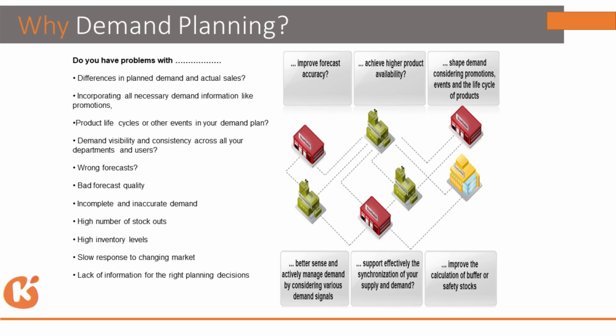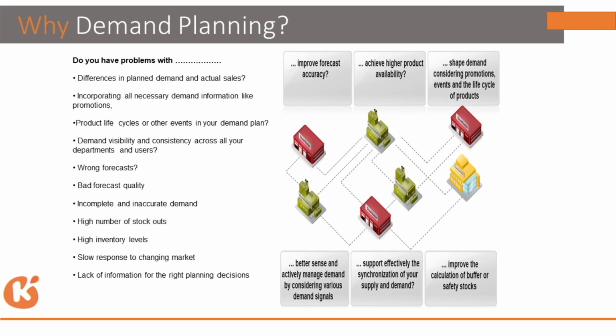Or there is a high number of stockouts: I forecasted 1,000 but got real sales of 1,500, so in this case I am going to miss 50%. To solve all these issues, we need to use a demand planning tool.